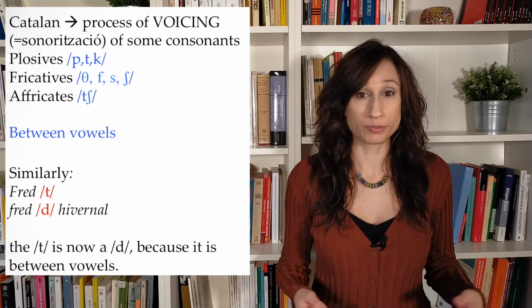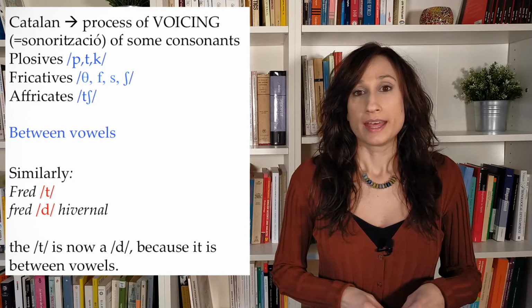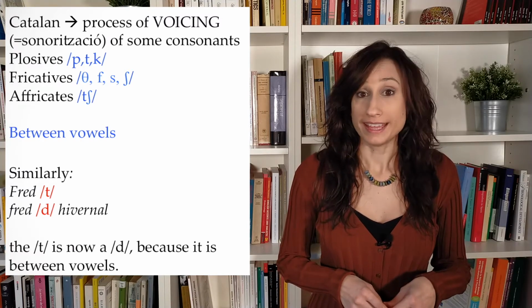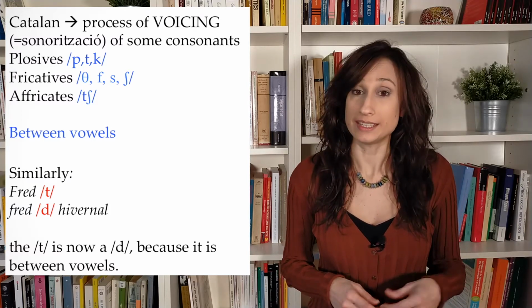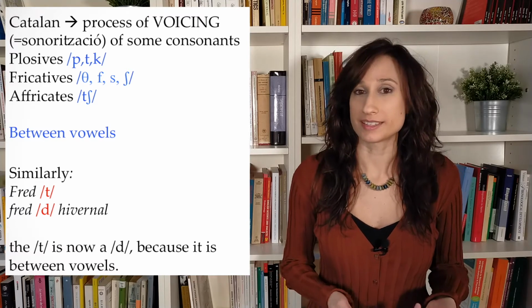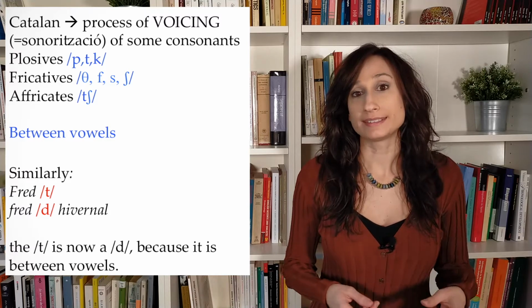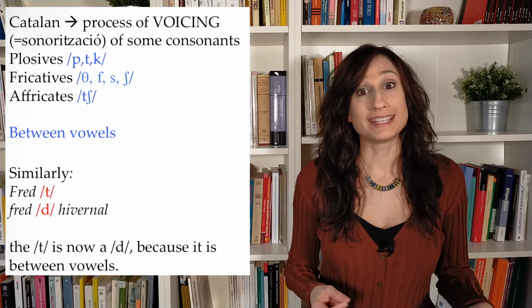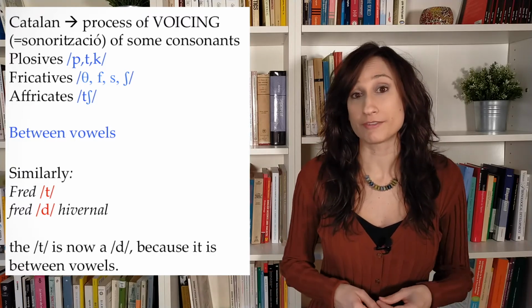This is an automatic process to us, and we don't even know that we're doing it. That's why, for example, the word "fred" is spelled with a D, but is pronounced with a T. It's completely voiceless. But if you say "fred hivernal", then it becomes a D because it's followed by a vowel.